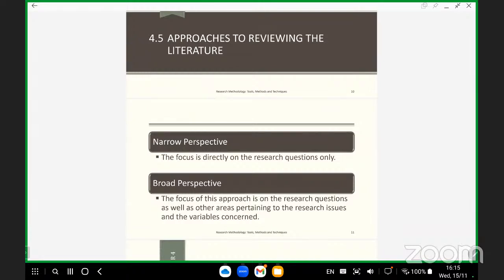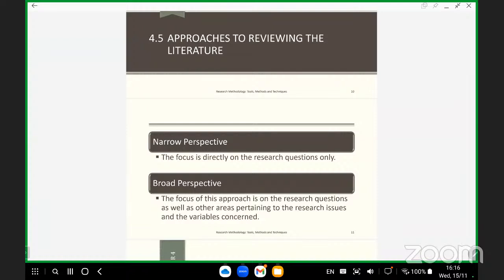Broad perspective pula, you should approach the reviewing of the literature via the research question as well as other areas that relate to the variables. Not to say research question itu of course dia relates kepada variables yang ada dalam framework itu, tetapi macam contohnya bila bercakap tentang intention to study at higher level itu, boleh juga level yang mana satu.